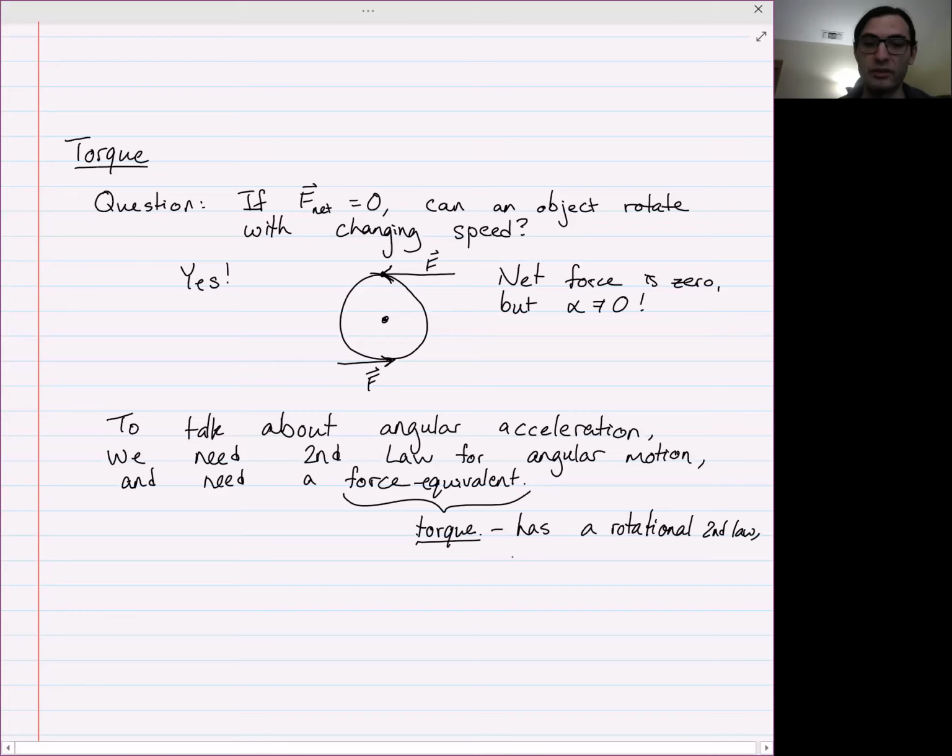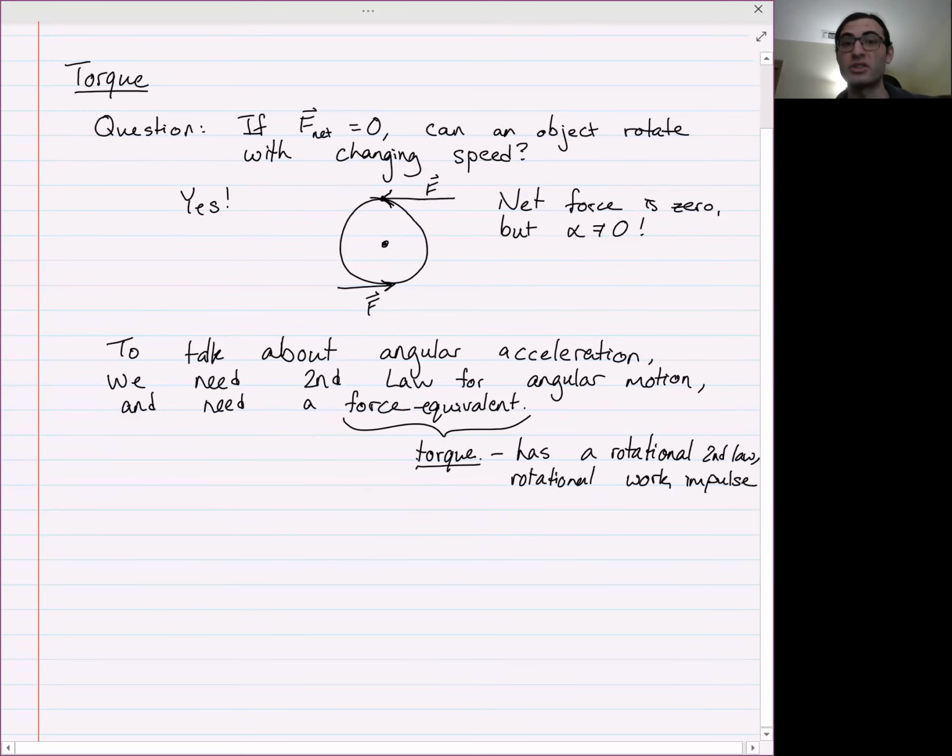Also it has rotational work, impulse, all of the things that you can create once you have translational force, you can create with torque in a rotational sense.